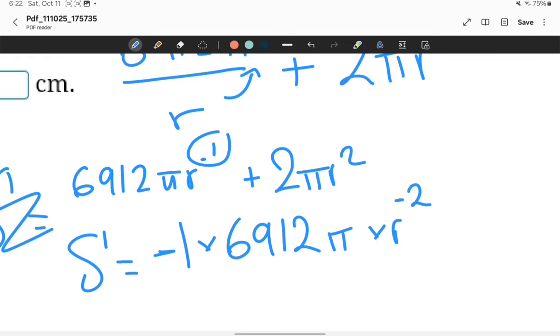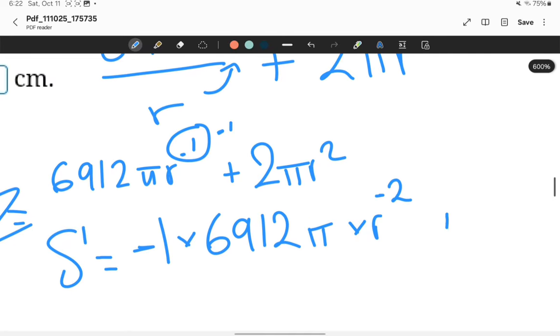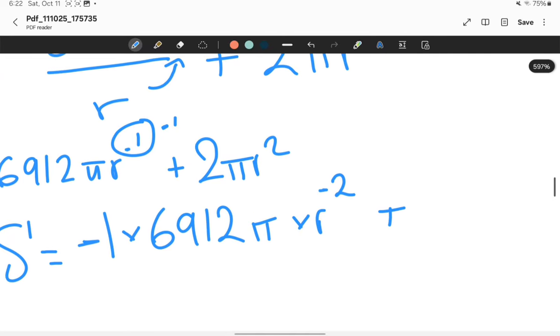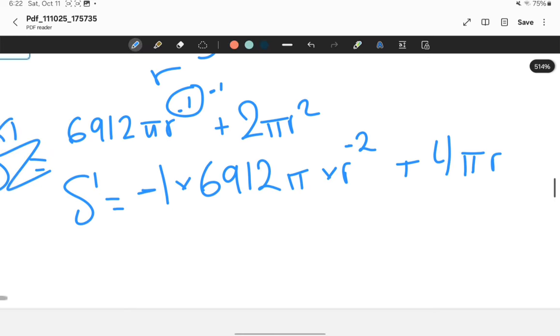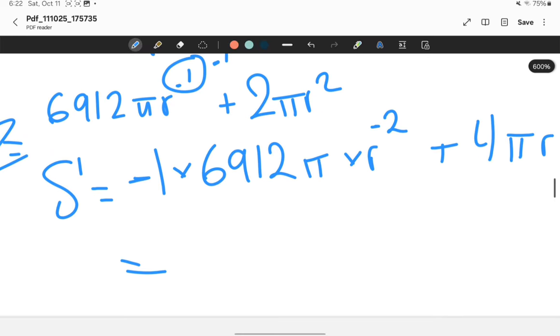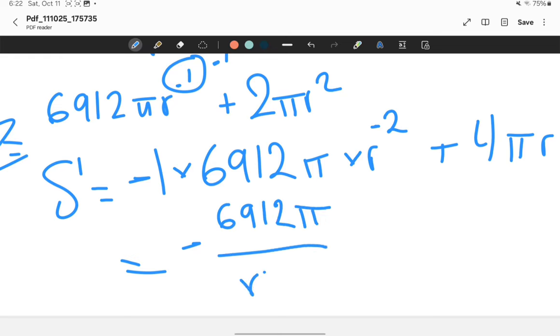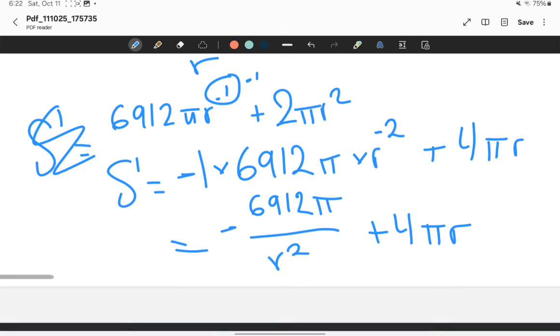We're just multiplying by the power and then subtracting 1. Plus 2 pi r squared, and differentiating it, you get 4 pi r. Now simplify this: it's minus 6912 pi over r squared plus 4 pi r.